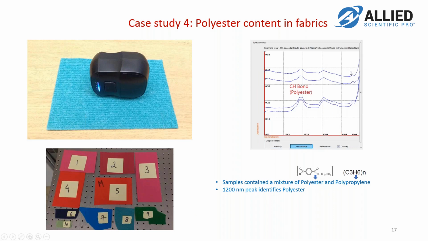And the measurement also showed that particularly the 1200 nanometer band, which is a CH band, shows stronger peaks for some of these samples as compared to the others. And you could identify the polyester content.